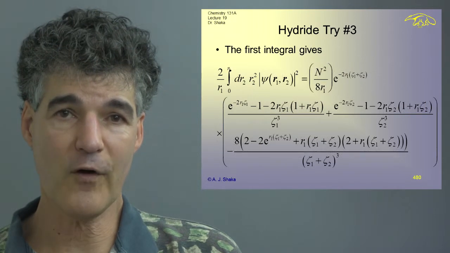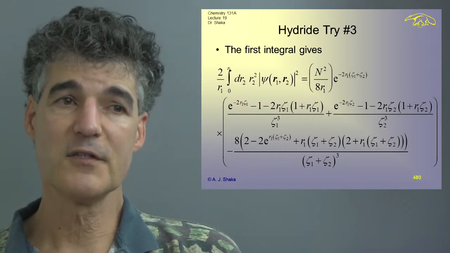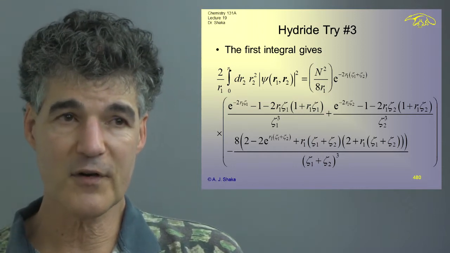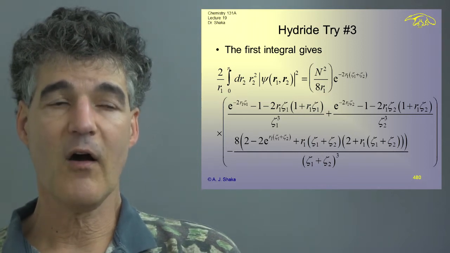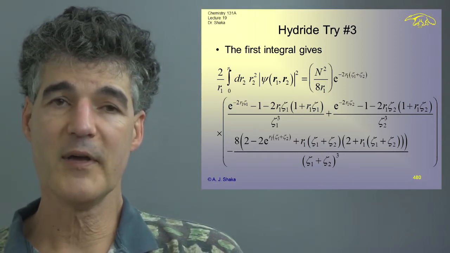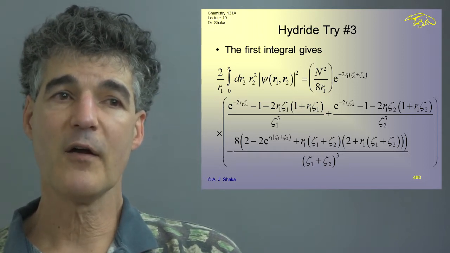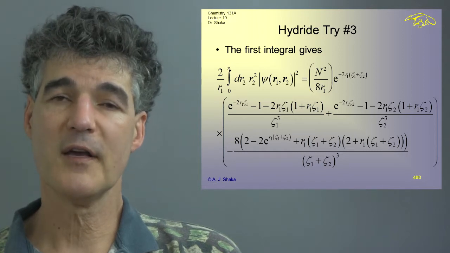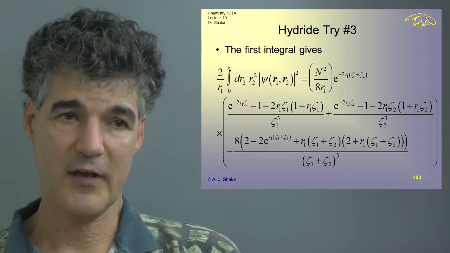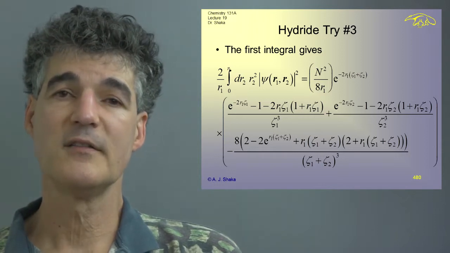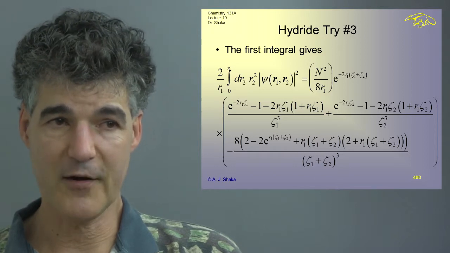Here on slide 480 is the first of them. The first integral, 2 over R1, the integral from 0 to R1 of this thing. We have to expand it all out and we end up with quite a mess. Good thing we don't put in the N. So we have N squared over 8R1 e to the minus 2R1 times zeta 1 plus zeta 2 times this huge rational function in zeta 1, zeta 2 that takes up the rest of the slide here.